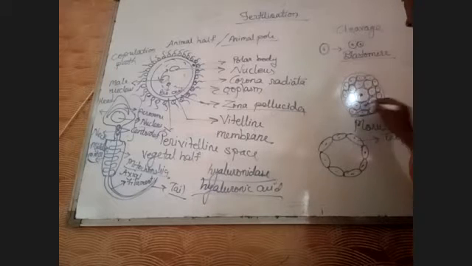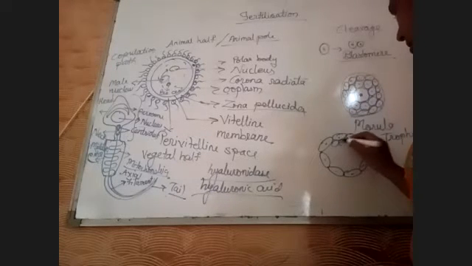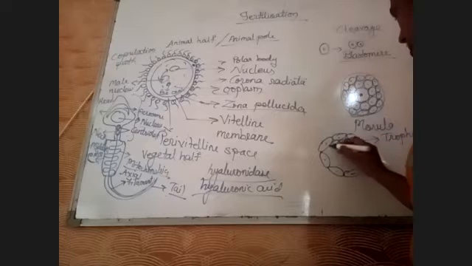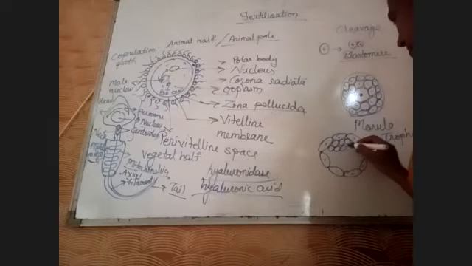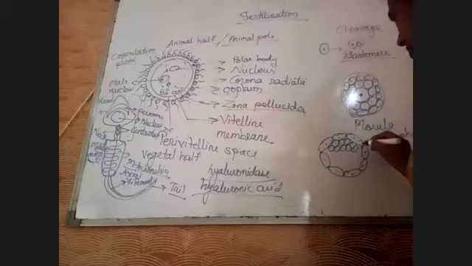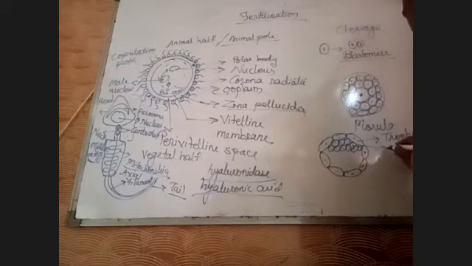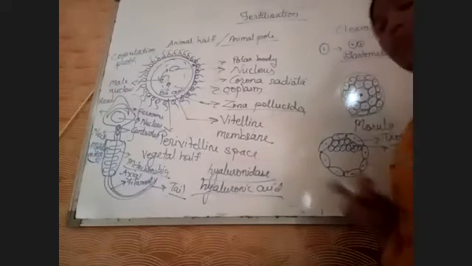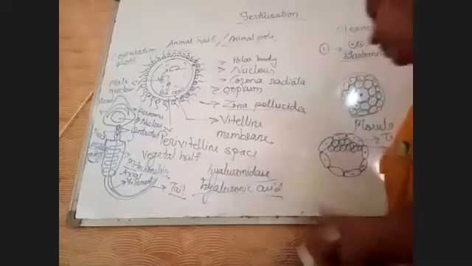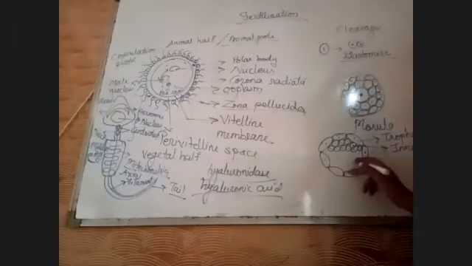The inner cells will shift towards one side, and then they are called the inner cell mass. As the size of this morula increases, we can see a space here.